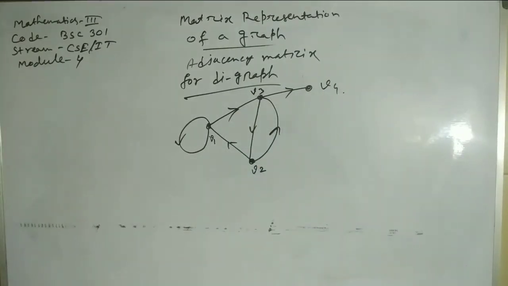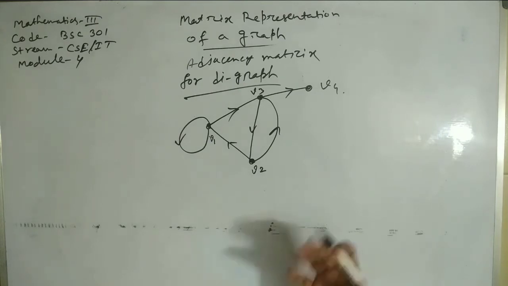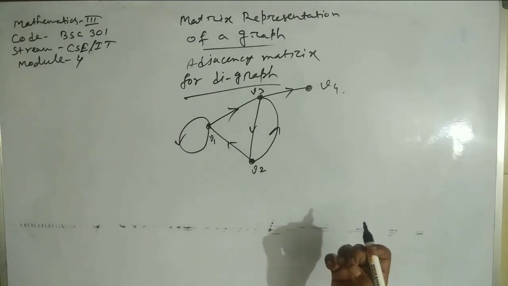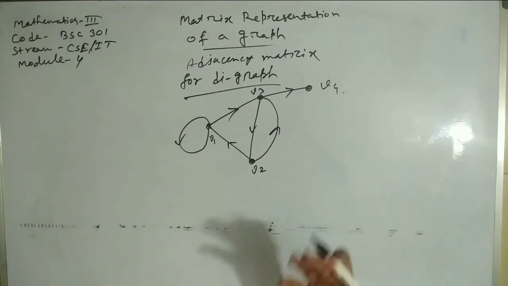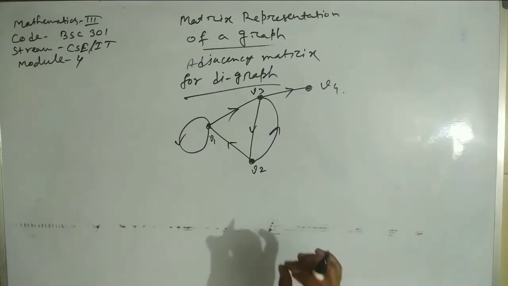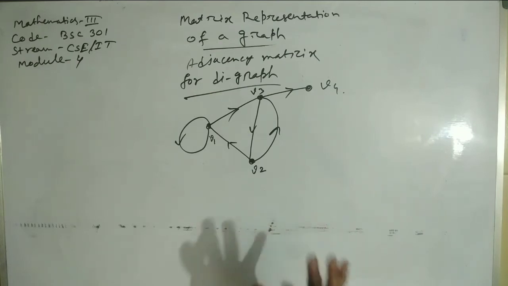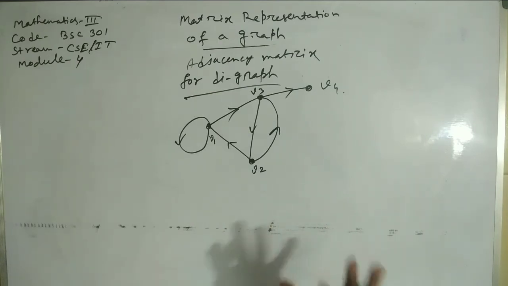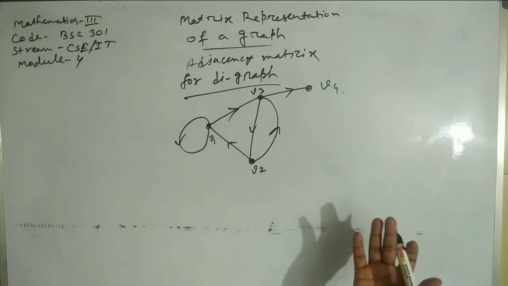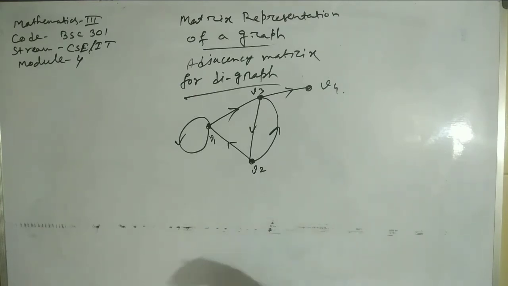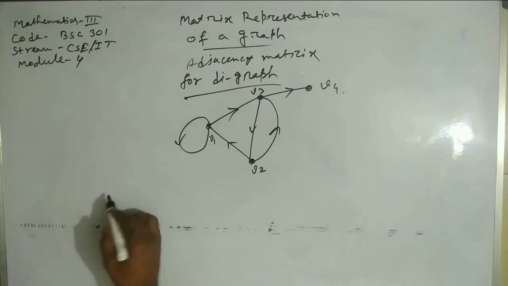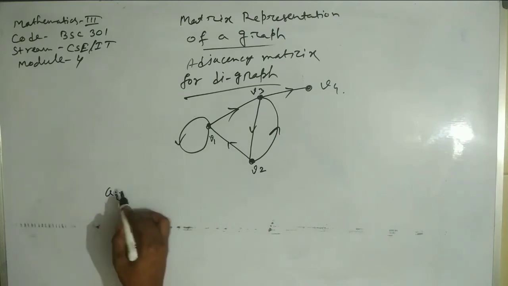Now there is a little bit of difference in the procedure of writing the adjacency matrix for a digraph and for an undirected graph. We know that in an undirected graph we have to write 1 if the vertices are adjacent only. We do not see the direction because the graph is undirected. But if the graph is directed, then the element will be like this.